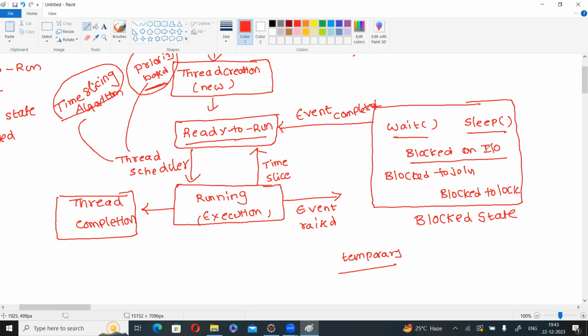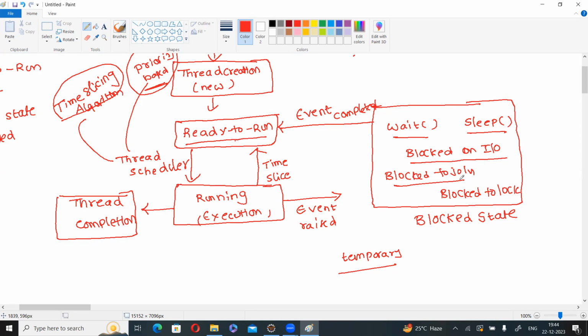Now, blocked on IO. IO means input output operation. Suppose the thread requires any input output other than CPU execution. For example, if a printer is needed, a mouse is needed, for that the thread is blocked. Once the input output is completed, it is released. Now, block to join. Block to join in the sense of thread dependencies. Dependency in the sense, one thread needs to wait until another thread is executed.